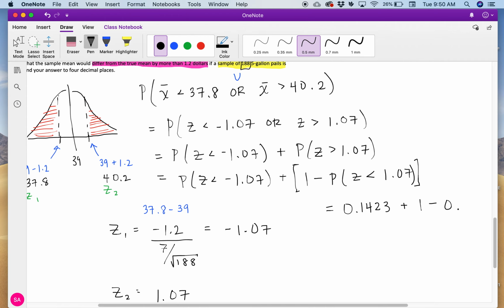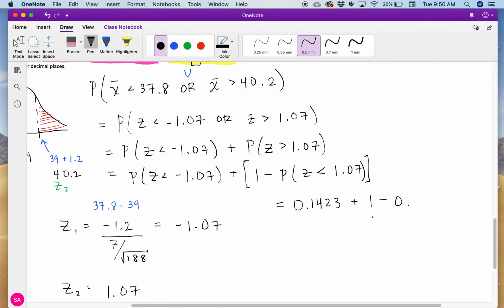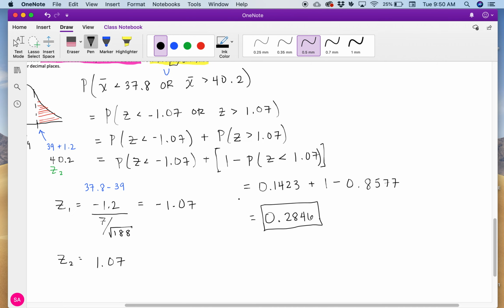Looking that up in the Z table, you should get 0.8577. All right. And now just pop this into a calculator. You should get 0.2846. Okay. And that is our final answer.